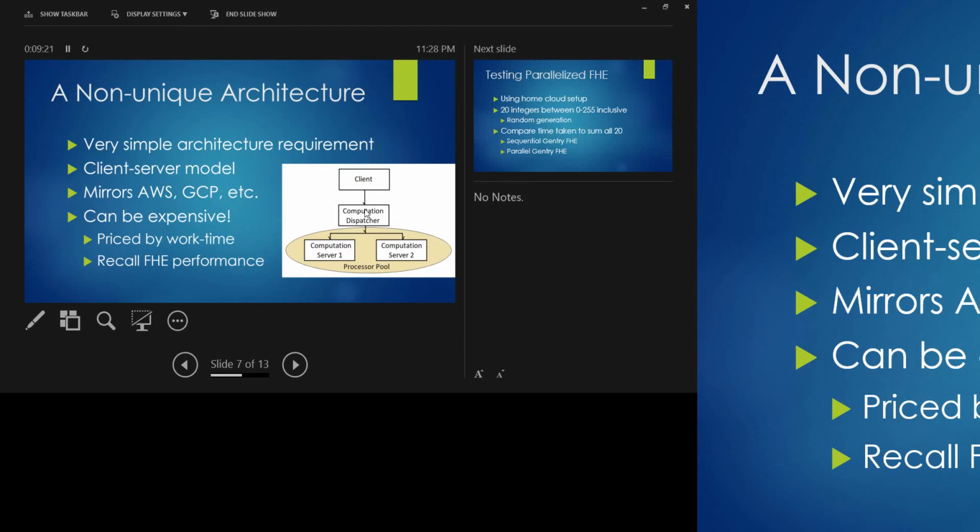It's a typical client-server model with a dispatcher and different computation servers that itself also mirrors hyper-threaded processors in your typical machine. And we'll see that this is important later on, the idea of a dispatcher communicating with computation servers, and that this very nature will cause some overhead that will be unavoidable.